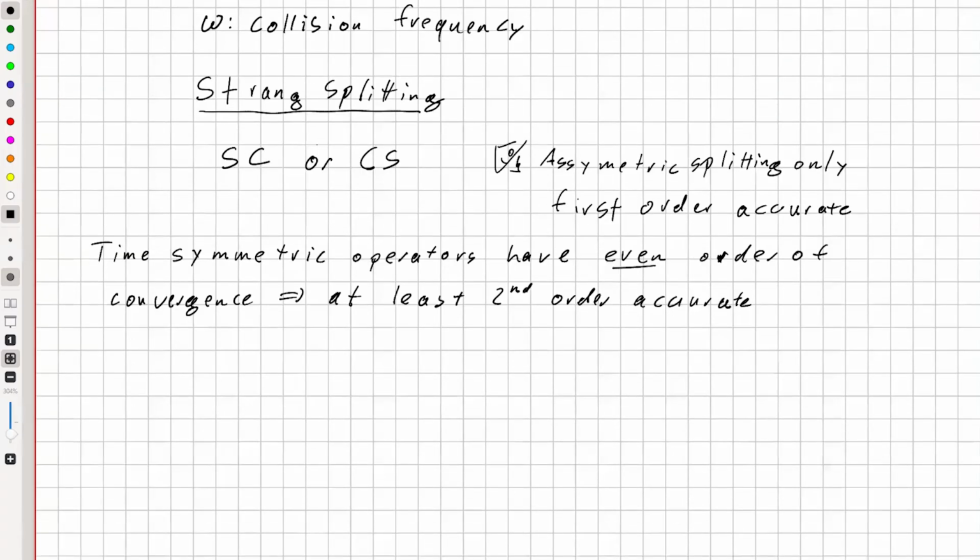The way this can be done is by adding half streaming in the beginning. Say this is Fi at x and t minus Fi, and now I introduce a new population S at x minus i delta t. So we are moving this population now half a distance, in half a time step.